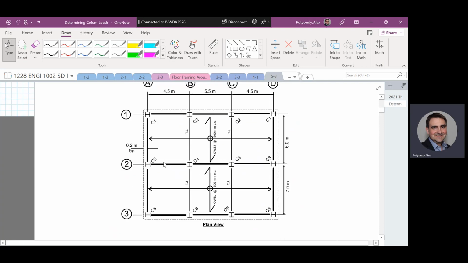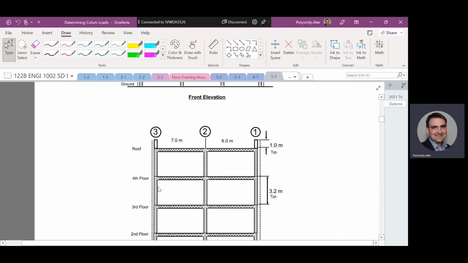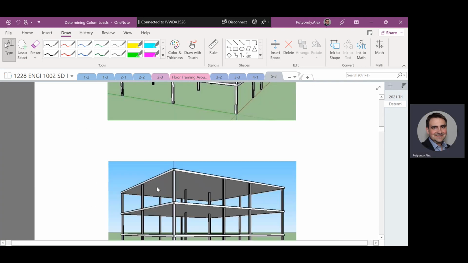Here's a case where it really is useful to use grid references, because I can reference column A1, column C4, column A3, and I could say this to anybody: you got that plan, you'll know exactly what I'm talking about. Okay? So when we look at this, we need to calculate some tributary areas for that geometry.